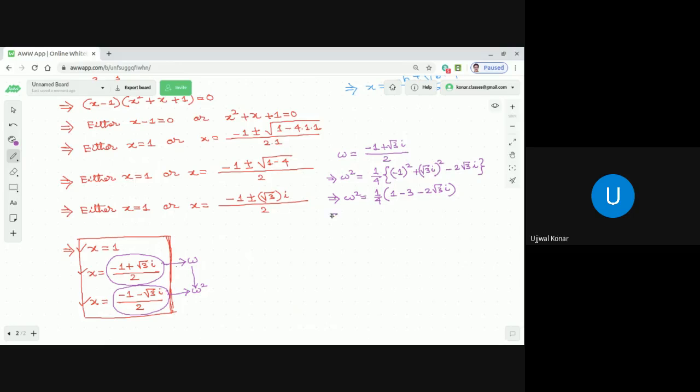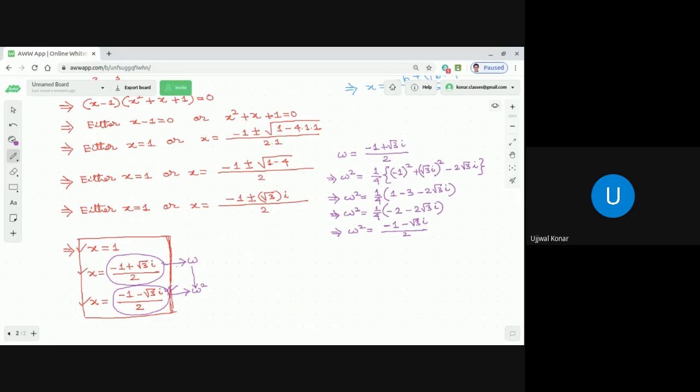So from here, omega square is equal to 1 by 4 into minus 2 minus 2 into root 3 into i. You can take 2 common from the bracket, then we get minus 1 minus root 3 into i by 2. What I showed you earlier here.